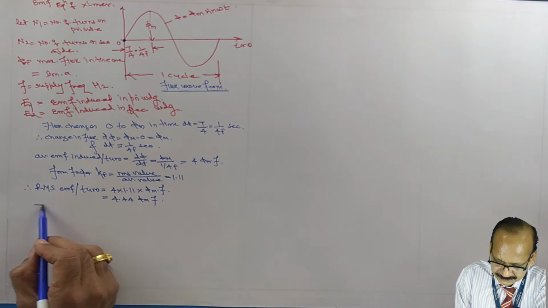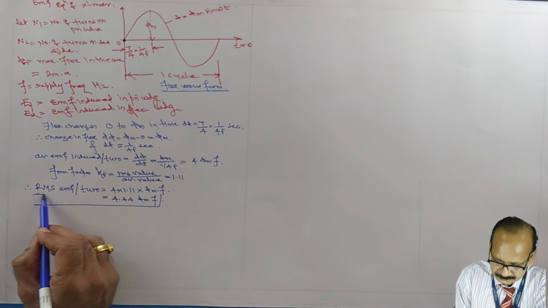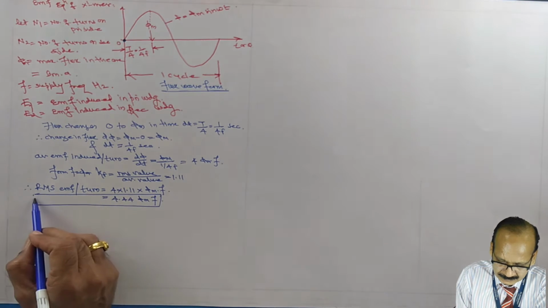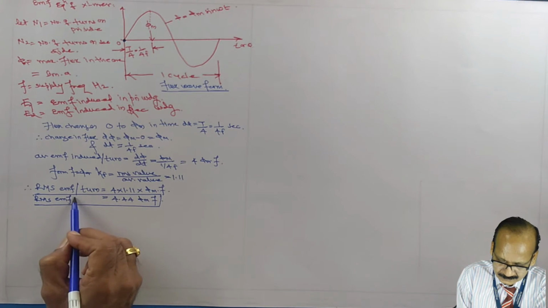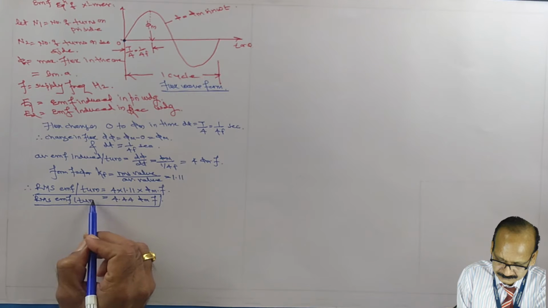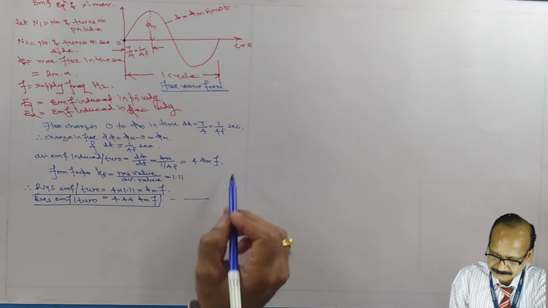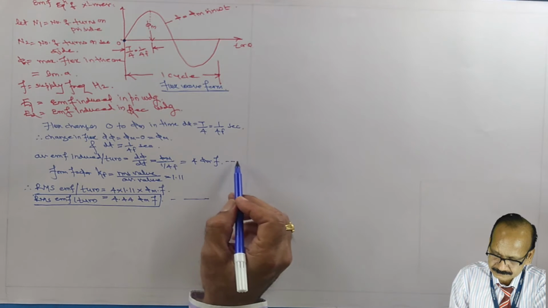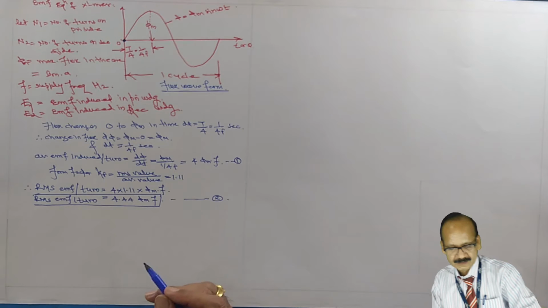So this is the RMS value of EMF per turn. Okay.